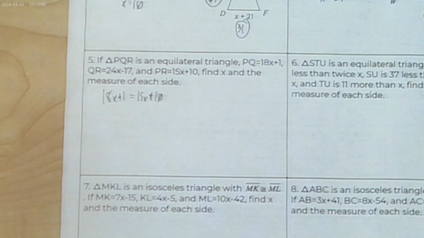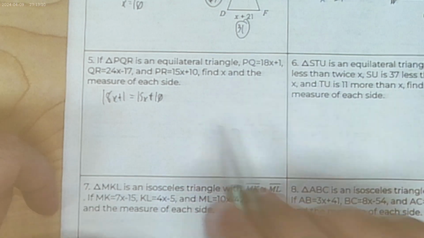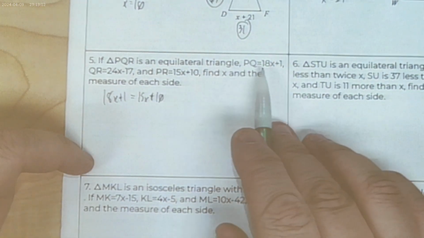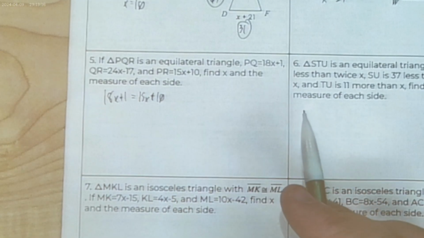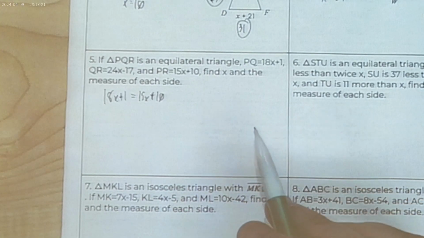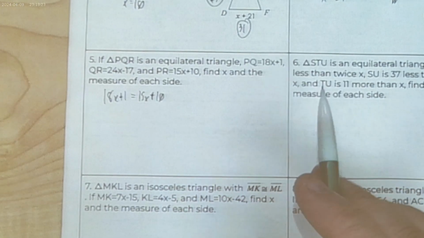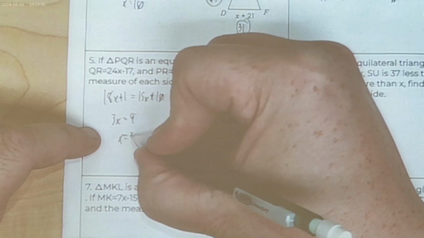I guess there's no reason to have the drawing because all the pertinent information is there. When we're trying to solve for x in order to find the length of the sides, if it's an equilateral triangle, we can pick any two we want and just solve for x that way. So it leaves me with 3x equals 9, so x equals 3.